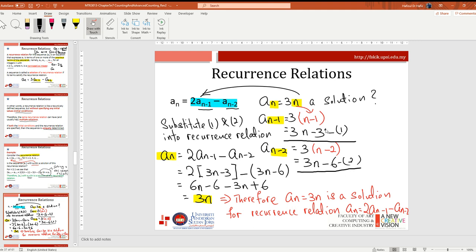Kita gantikan untuk substitute number 1, this one substitute number 2. Boleh ke? Yang ni kita gantikan dekat sini. Yang ni kita gantikan dia dekat sini. Boleh ke?